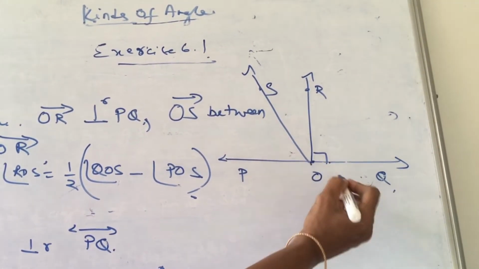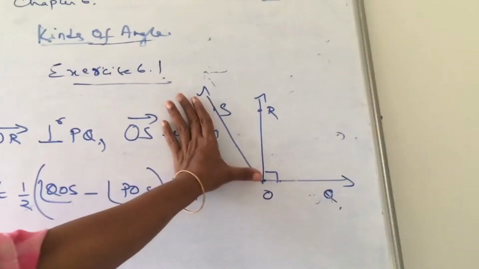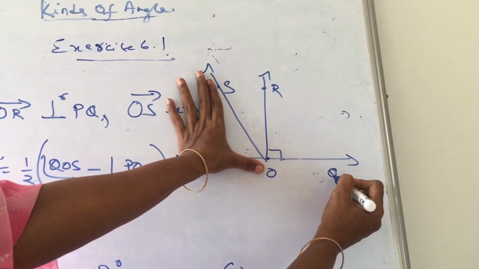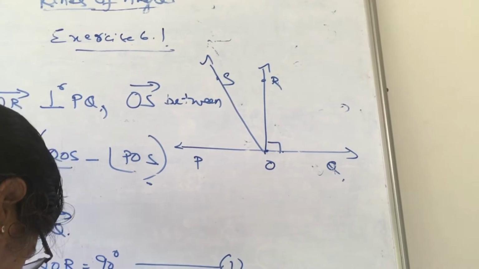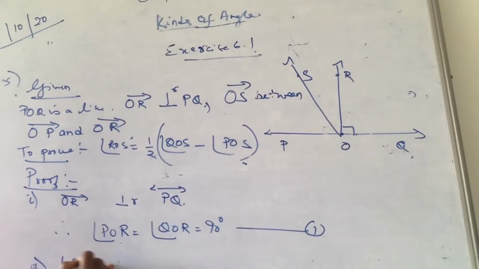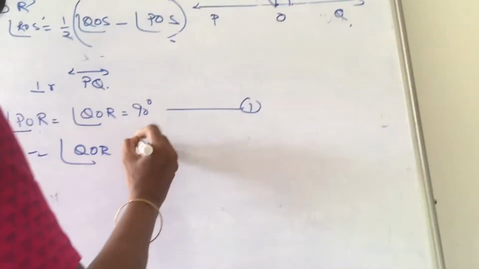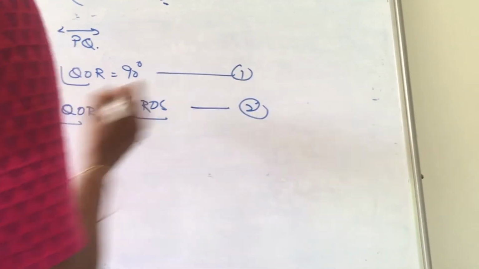Yes, children. Now I want the angle QOS. Look at the figure. What angles are in QOS, children? Angle QOR, angle ROS. Yes, second bit: angle QOS is equal to angle QOR plus angle ROS. Equation 2.